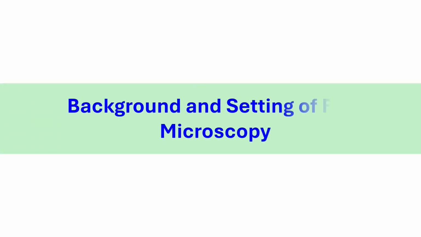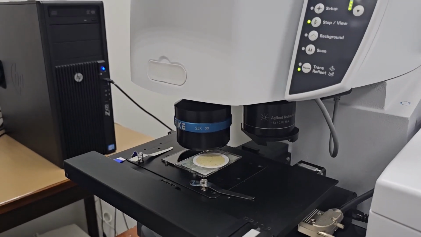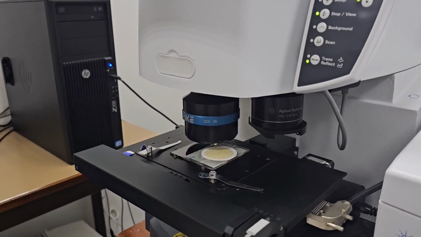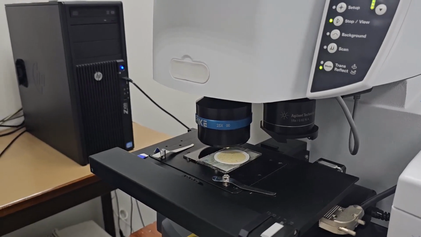Now we can take a spectrum of this sample. As a procedure in FTIR measurements, we have to take a background. And here we are using a surface with low reflectance to be used as a background.